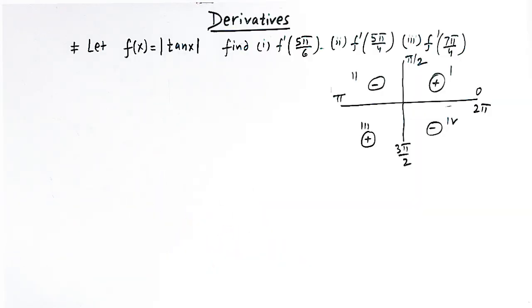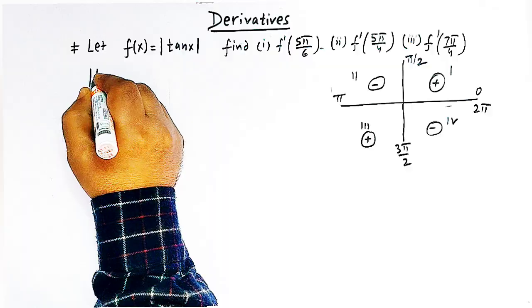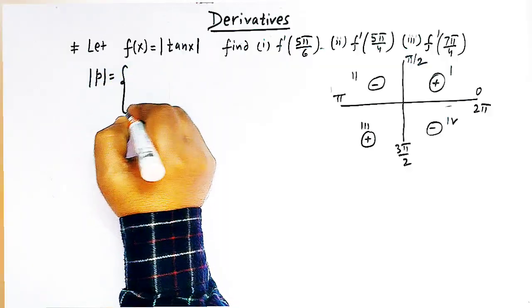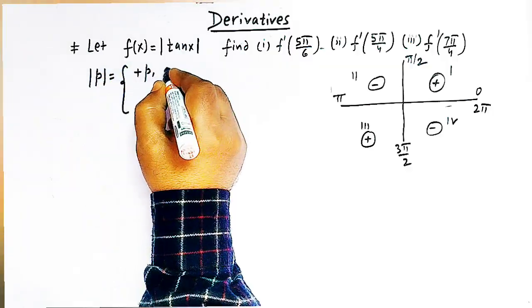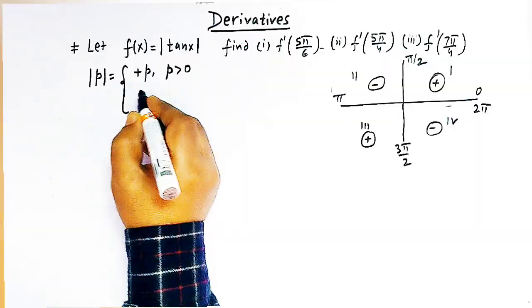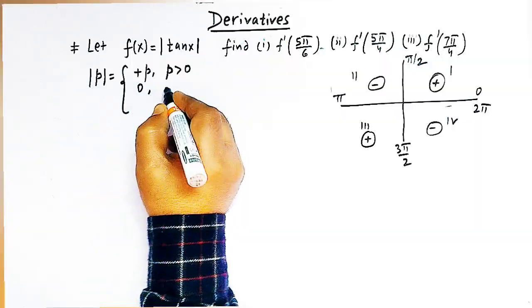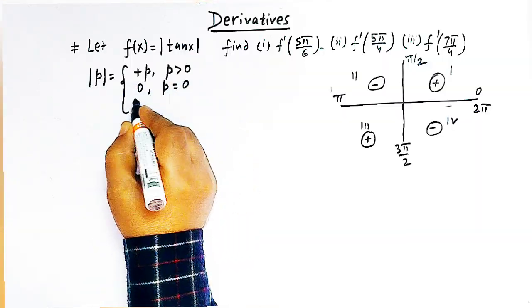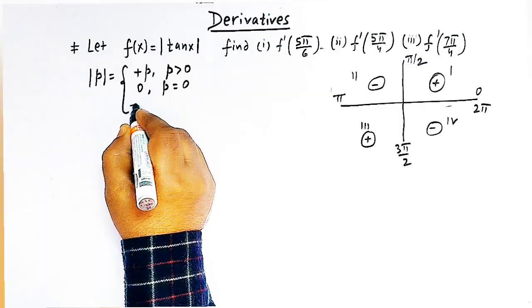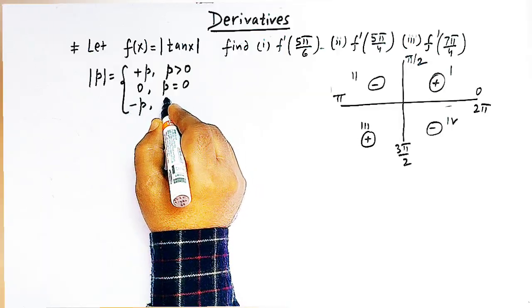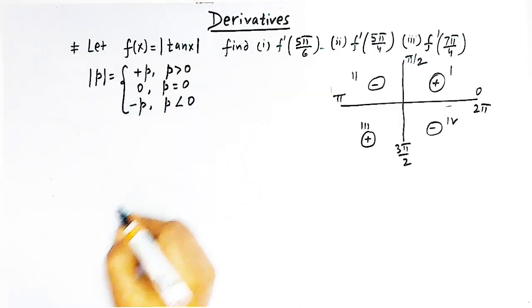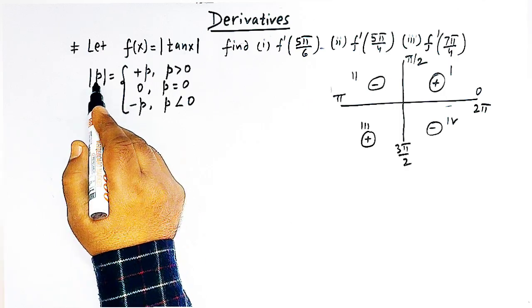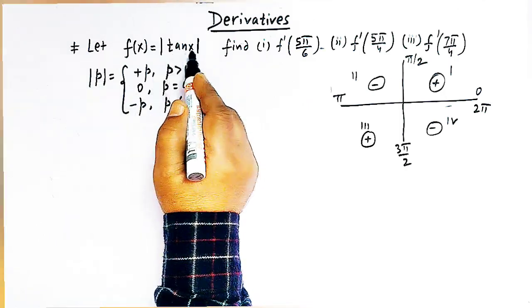Now let us first quickly see the definition of the mod function. Mod of p is defined as positive p whenever p is greater than 0. Mod of p is 0 when p is equal to 0, and mod of p is equal to negative p when p is less than 0. So let us replace this p by tan x.